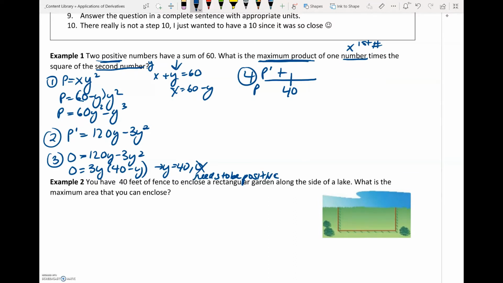Now if I plug in a number like 50, we will get a negative number. So that's increasing and then decreasing. We have confirmed that y equals 40 is a max. So we're going to state that there's a max at y equals 40 since P prime changes from positive to negative.